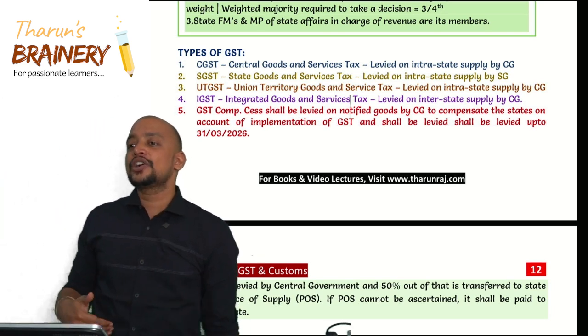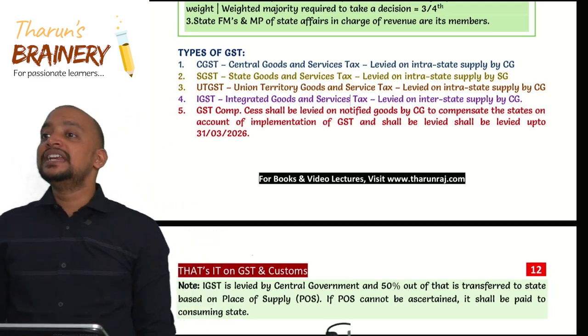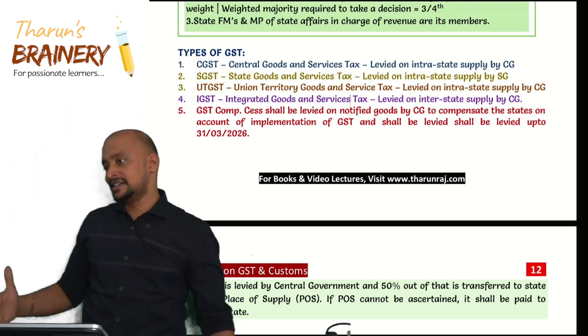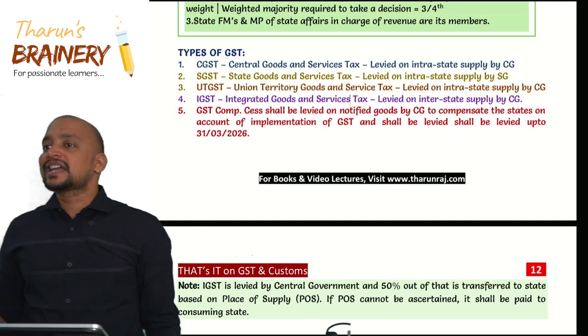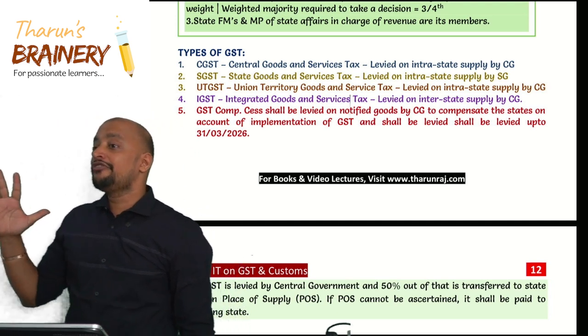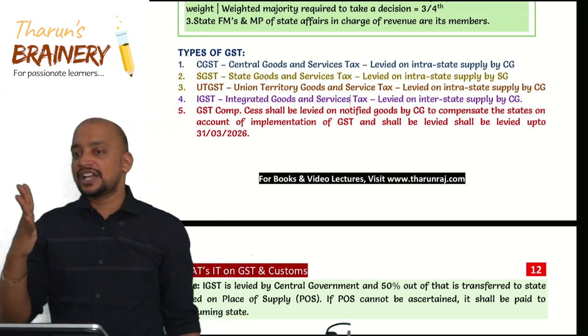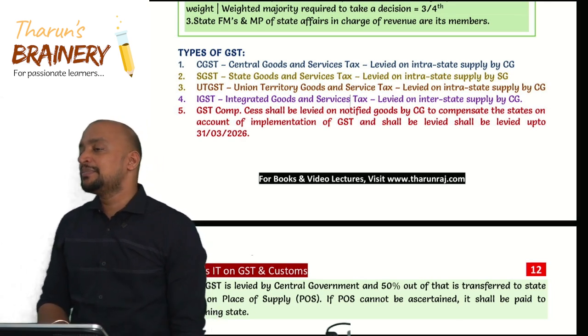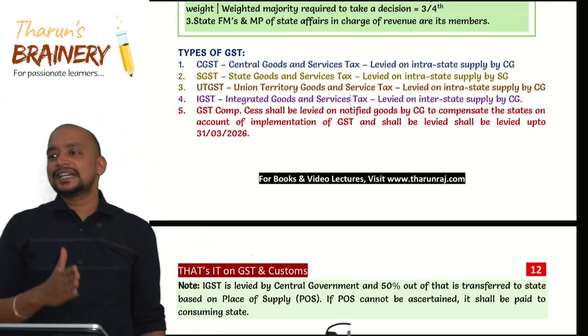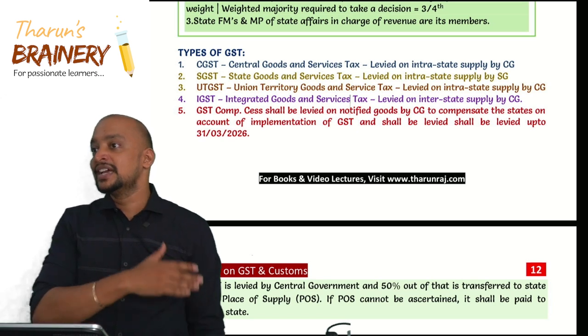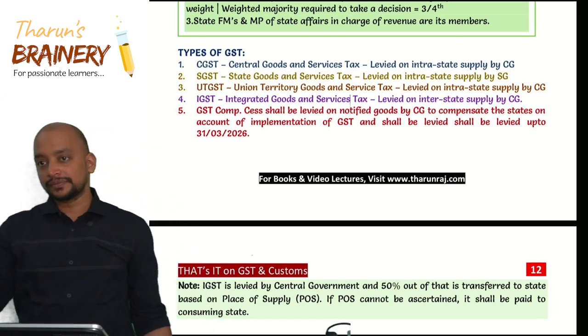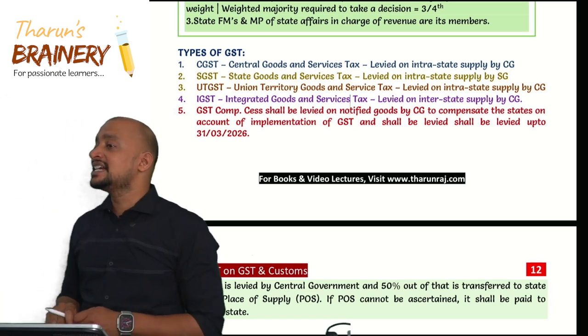And this GST compensation cess can be levied up to which date? Initially it can be levied up to a period of 5 years from the date of implementation of GST. So what is the date of implementation of GST? 1/7/2017 plus 5 years, over. So therefore they extended it for a further period.